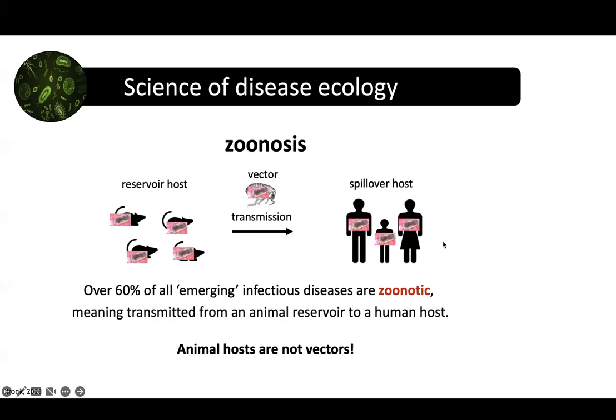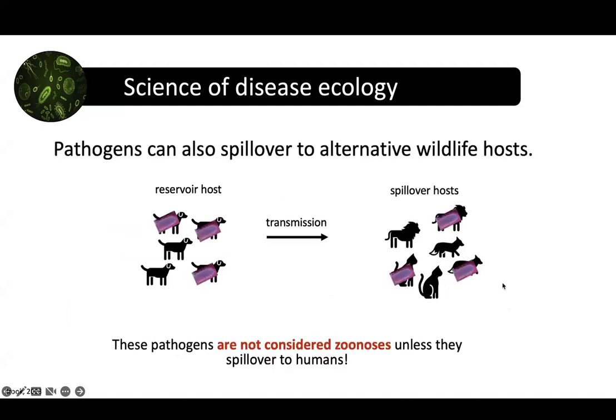But while many emerging infectious diseases are zoonotic, you still have to remember that spillover events need to happen and the pathogen needs to be able to persist in a new host for it to take off into anything similar to an outbreak, an epidemic, or a pandemic, where there's sustained spread in the new spillover host. So this is a spillover, but it's specifically referring to transmission from an animal reservoir to a human host.